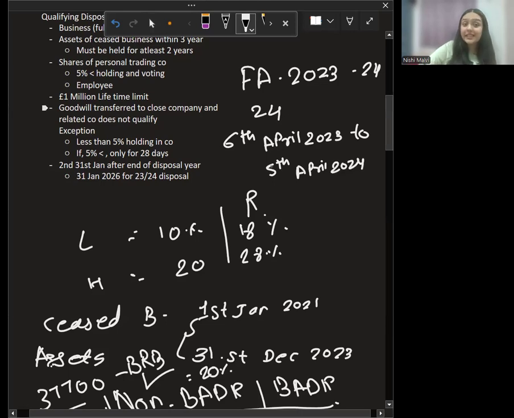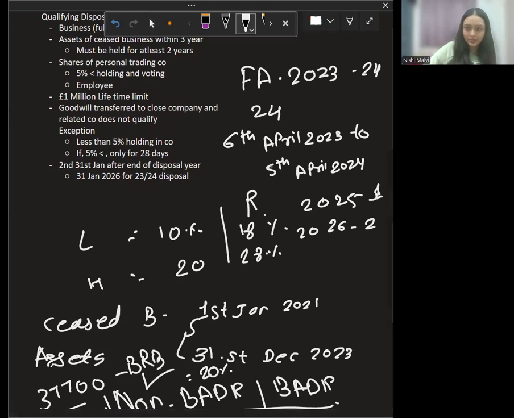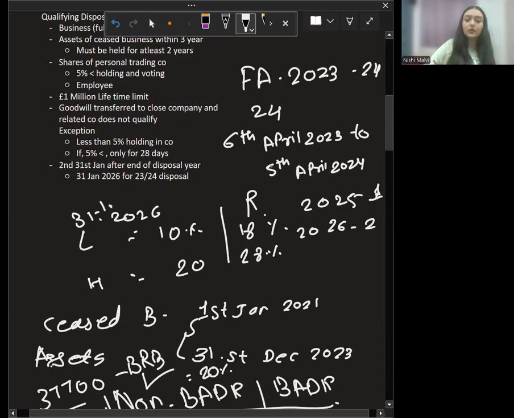So the 1st January after the disposal will be 2025, and 2026 will be the 2nd January. So remember, if you have another year given, please follow this: 1st January after the disposal year, 2nd January after the disposal year. So for this current period, 31st January 2026 will be the date by which you have to claim the Business Asset Disposal Relief.